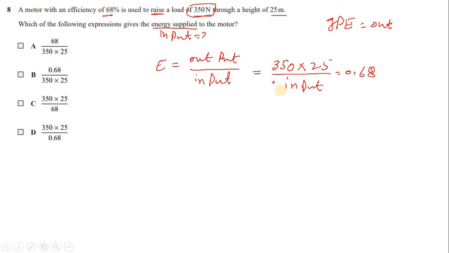So if you rearrange this equation for input, then you will see that your option should be D. So input is equal to 350 times 25 divided by 0.68.